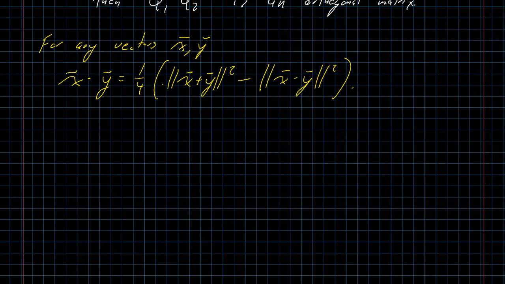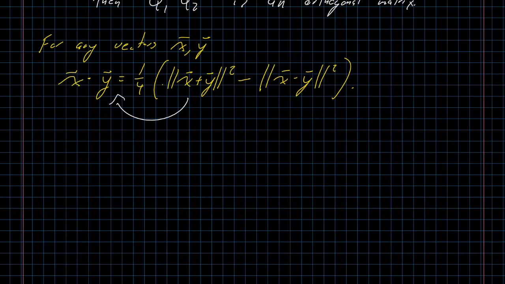I want you to prove that for any vectors x and y, x dot y is equal to 1/4 of the magnitude of x plus y squared minus the magnitude of x minus y squared. And the tip I'm going to give you is that this is a much easier proof if you start with the right-hand side and make your way to the left-hand side.